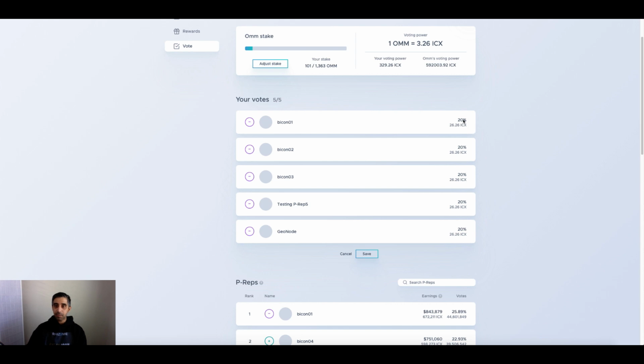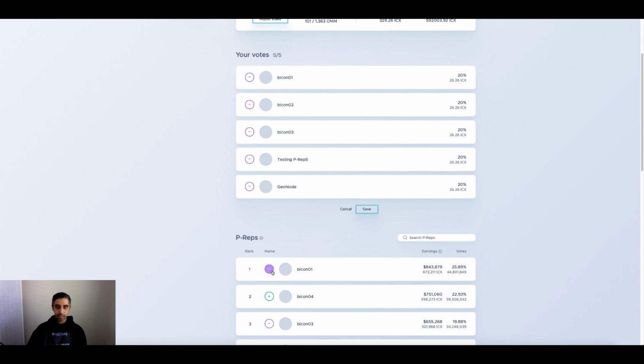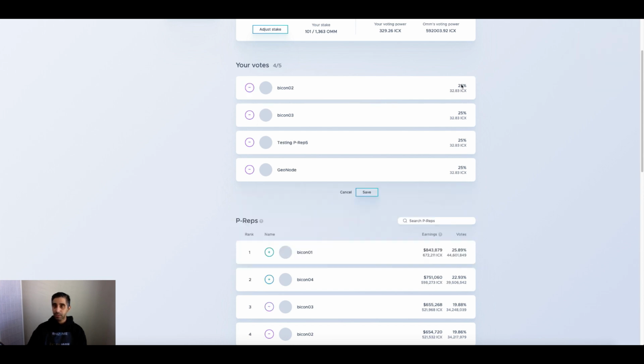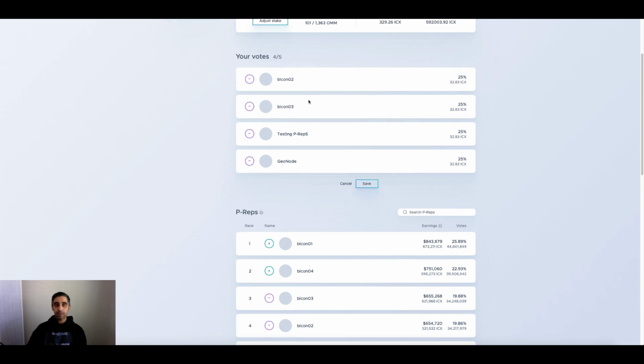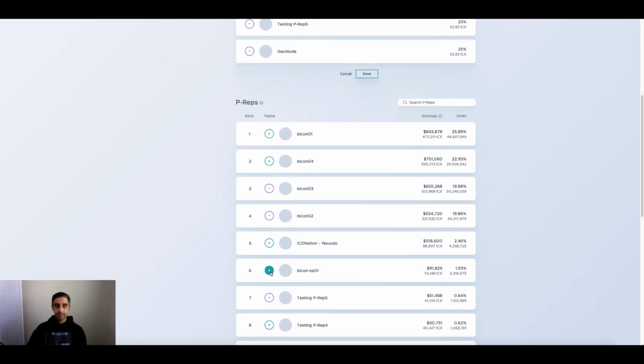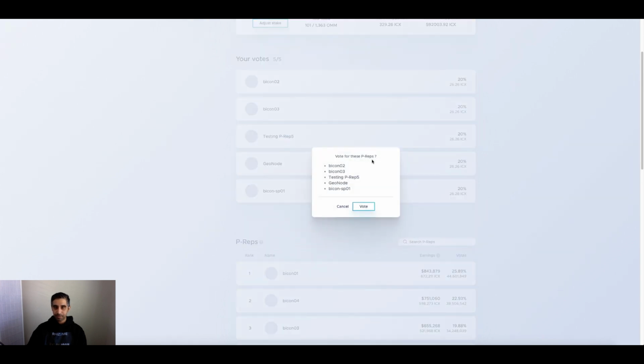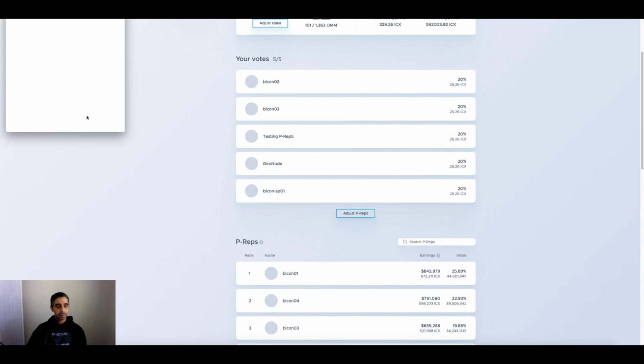And you can see it's automatically splitting up the allocations based on who we have. I'll add one more. Nope. Great thing to test out. So it lets me pick between 5. So if I drop it, it automatically shifts the percentages. So you can vote for 5 PREPs in there, and I'll just throw in one more and then save. So it automatically tells you, we'll click vote.